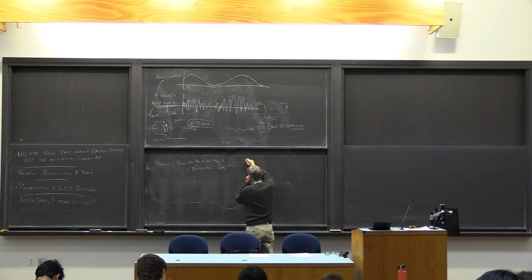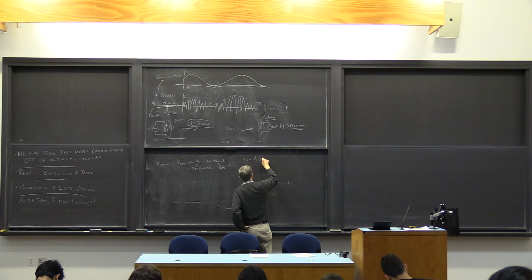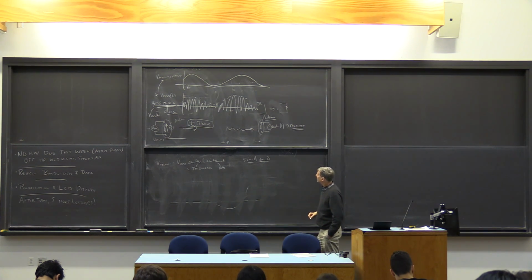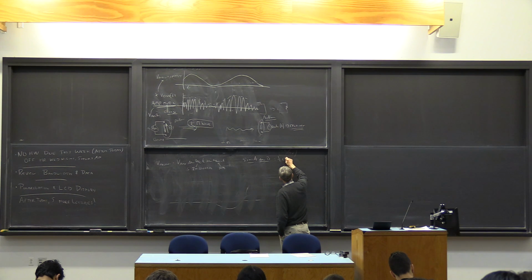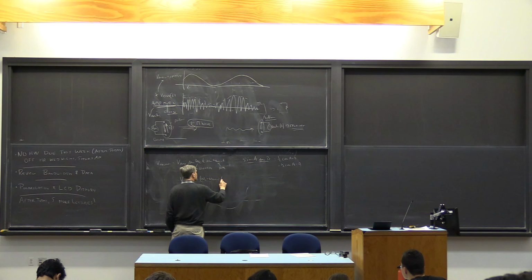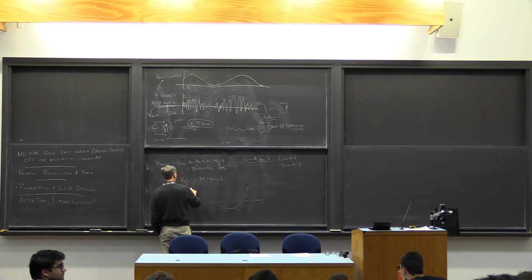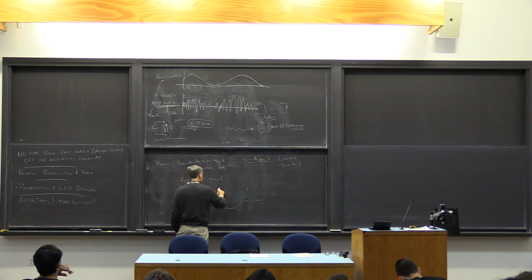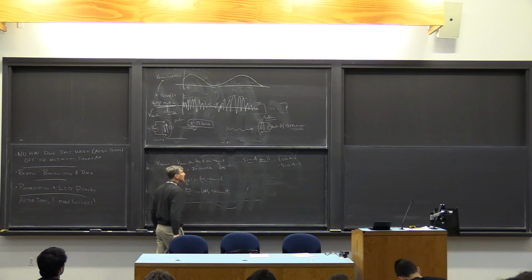And you may remember that sine A sine B is equal to 1/2 cosine A plus B minus 1/2 cosine A minus B. So this thing is V amp over 2 cosine (omega carrier minus omega audio) t minus V amp over 2 cosine (omega carrier plus omega audio) times t.